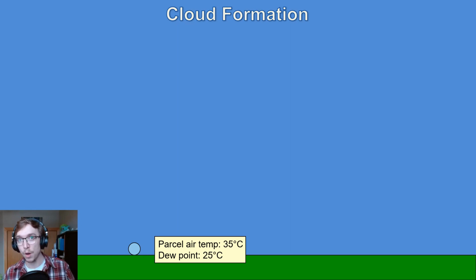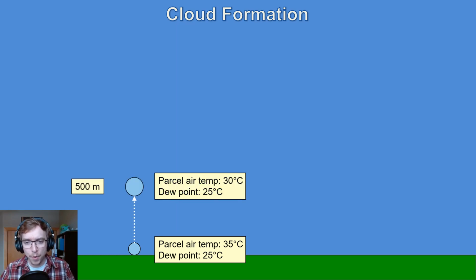And if you are decreasing 1 degree Celsius every 100 meters, that tells us that we need to rise 1,000 meters or 1 kilometer into the atmosphere before our air parcel temperature cools down to our dew point temperature. So let's go ahead and take a look at that here. So here we go. At 500 meters, our dew point is 25 degrees Celsius. The temperature of our parcel is 30 degrees Celsius.